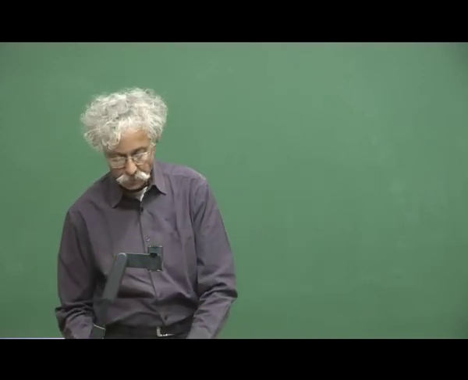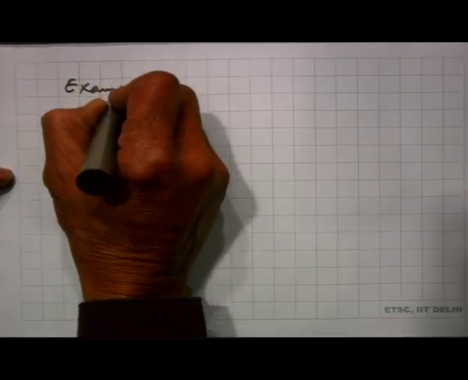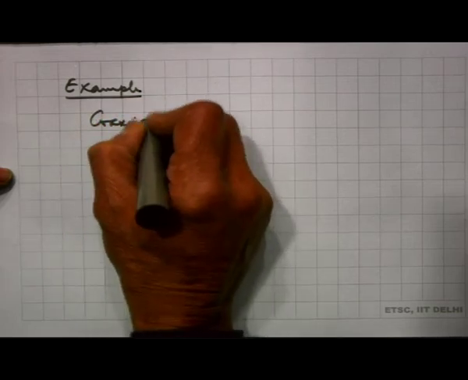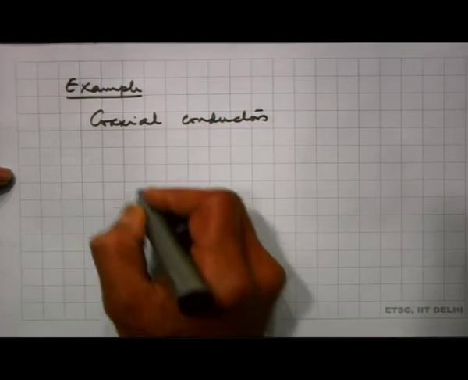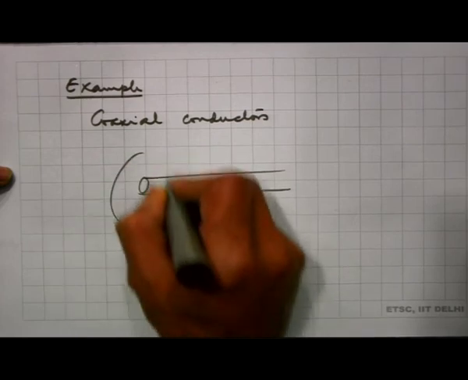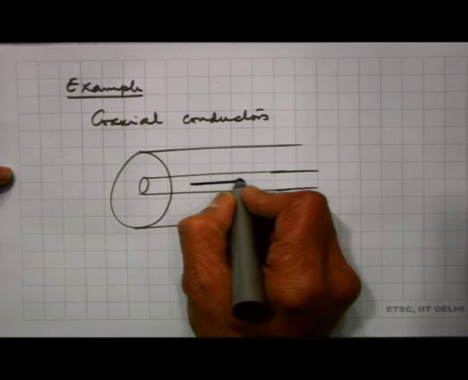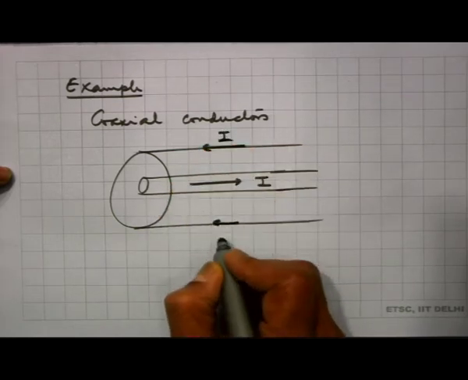Now, we would like to look at another example. Coaxial conductor. So, the problem is the following. I have one conductor here and another one outside. Current flows like this in this conductor and flows backwards in the conductor outside.